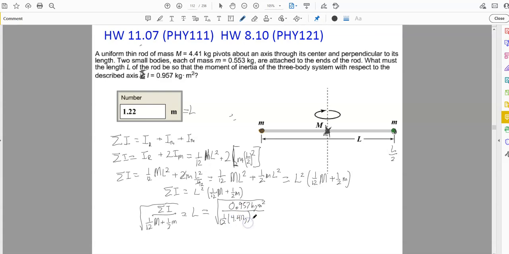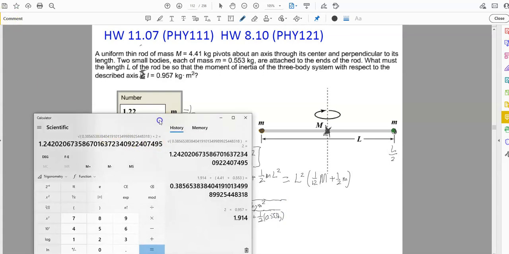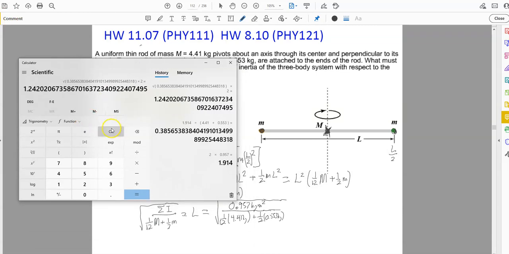That's the mass of the rod, plus 1/2 the mass of the small mass, which is going to be 0.553 kilograms. Okay. All right, let's see how this works out. Hopefully it's going to add up to 1.22.